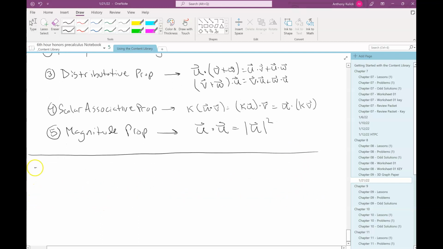Let's do a couple of numeric examples here. So let's say u is the vector 2, -3. v is the vector -1, 5. w is the vector 8i plus 4j.